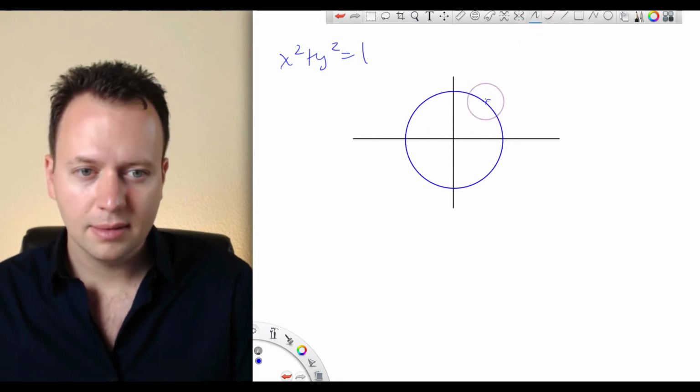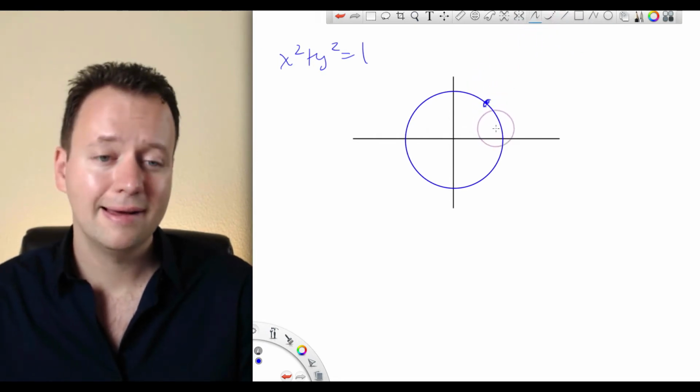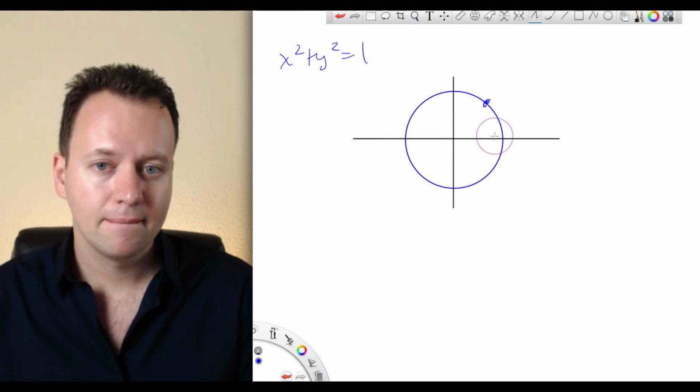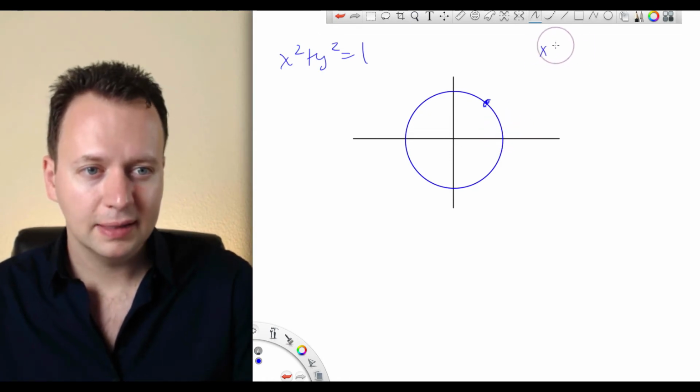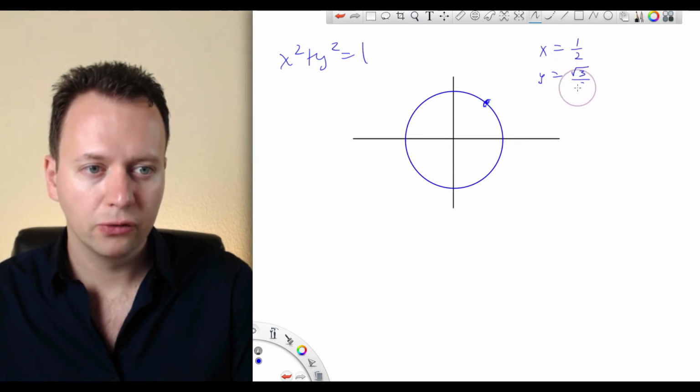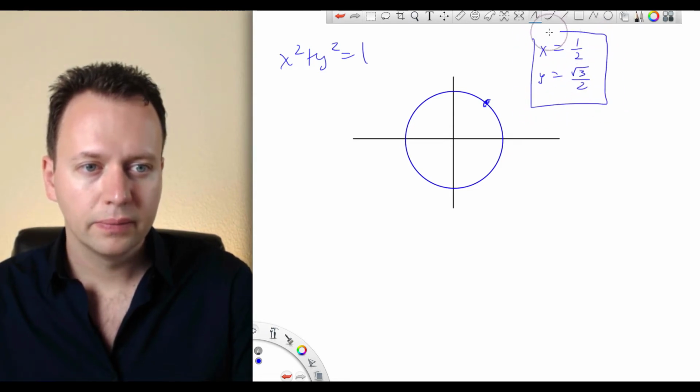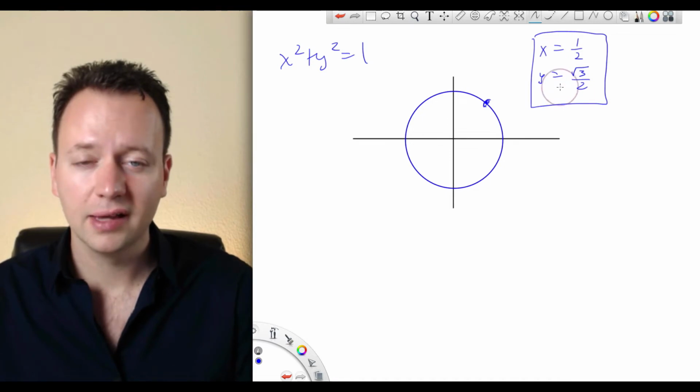Some point that is on a unit circle. So how about x is equal to 1/2, y is equal to root 3/2. So this certainly satisfies the equation x squared plus y squared is equal to 1.